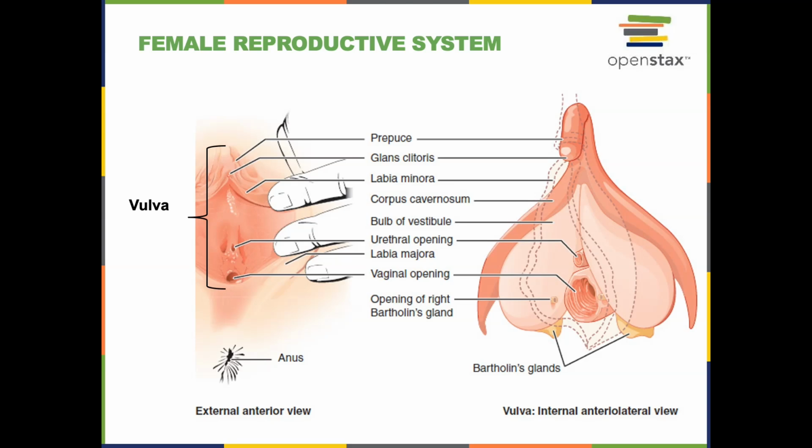The clitoris becomes engorged with blood during sexual arousal. The clitoris also contains numerous sensory nerve endings responsible for sexual stimulation.